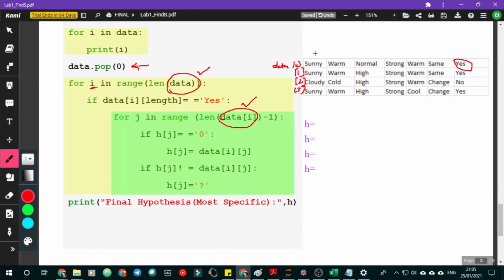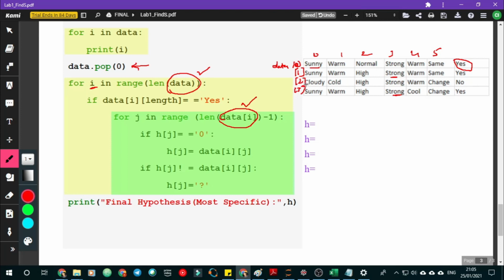Data is two-dimensional. The indices go 0, 1, 2, 3, 4, 5. From 0 to 5 there are 6 attributes. So data of 0, 0 is sunny. Data of 1, 3 is strong. Data of 3, 3 is strong.